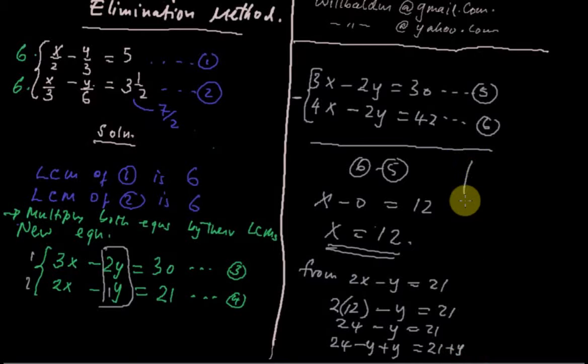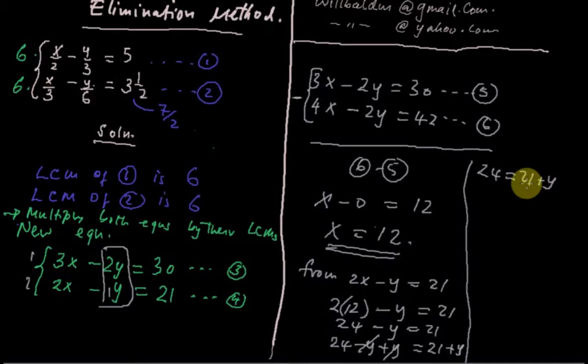So I get this. The y and y go, and if I rearrange this, it is now 24 equals 21 minus y plus y.